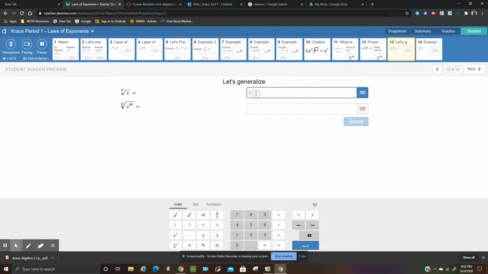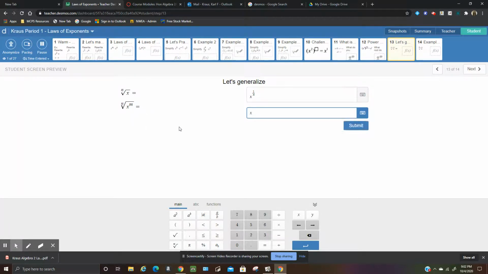So if we want to generalize, the nth root of x is the same as x exponent 1 over n. And this means the same as x, excuse me, to the exponent would be m would be in the numerator.